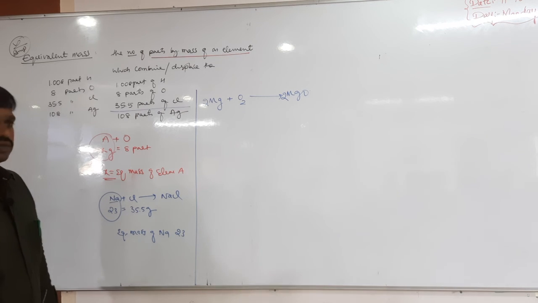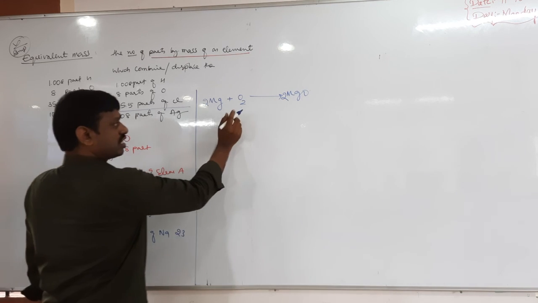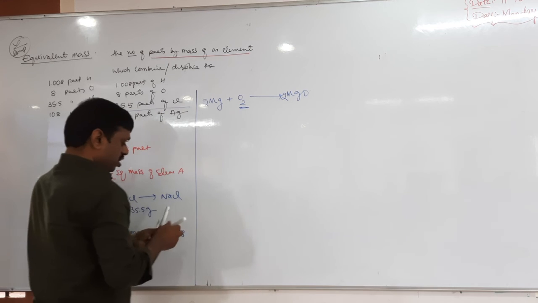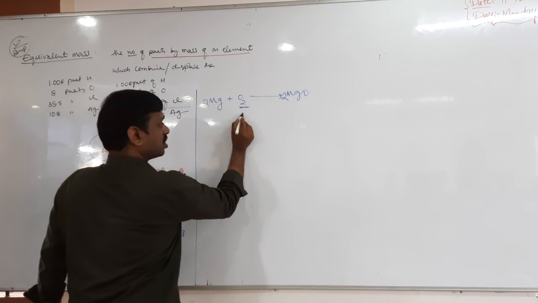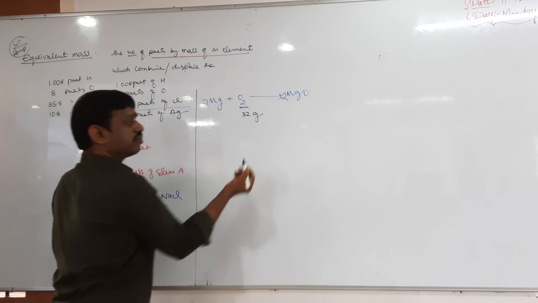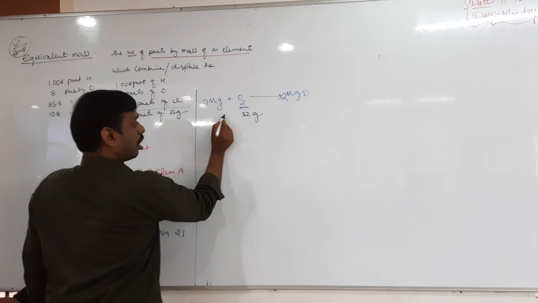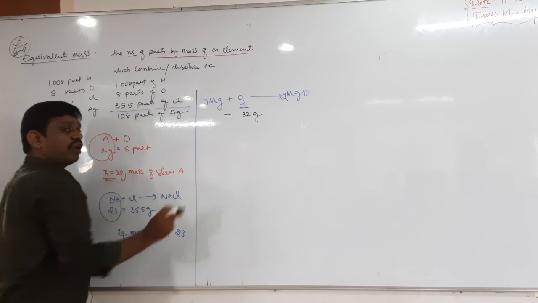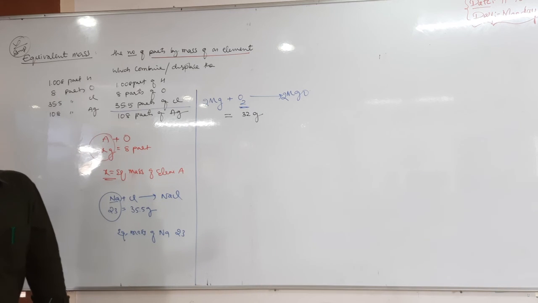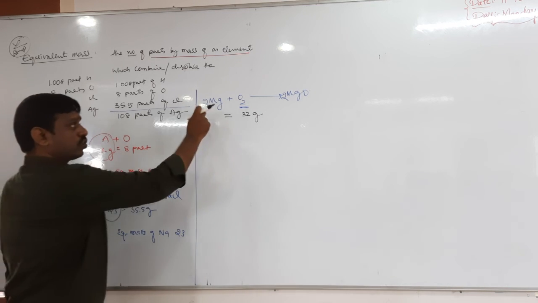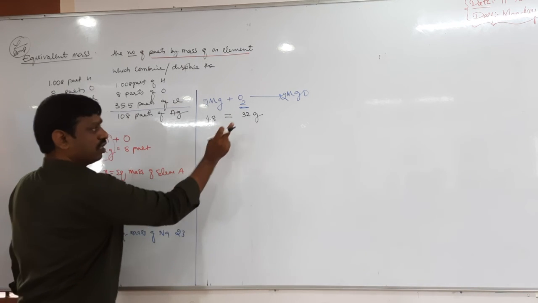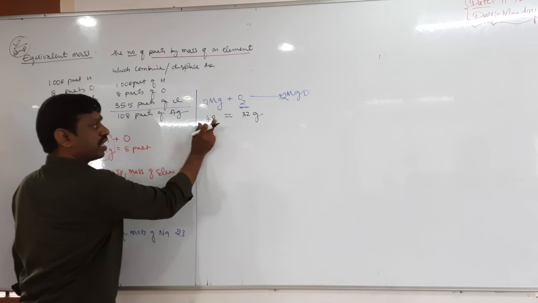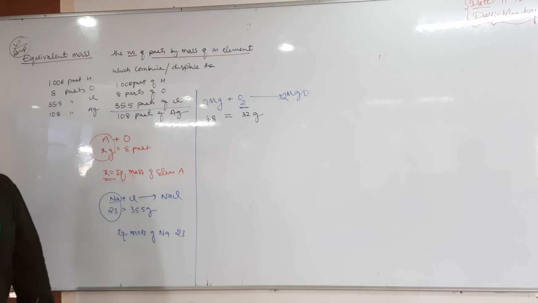Can you tell me what is the mass of the oxygen here? It is molecular mass, 32. 32 grams of oxygen combining with how many grams of magnesium? 1 magnesium is 24, so 2 magnesium is 48. So 32 grams of oxygen combines with 48 grams of magnesium.